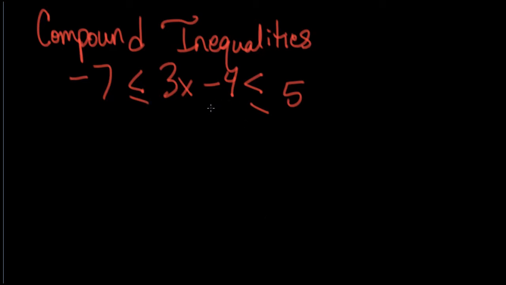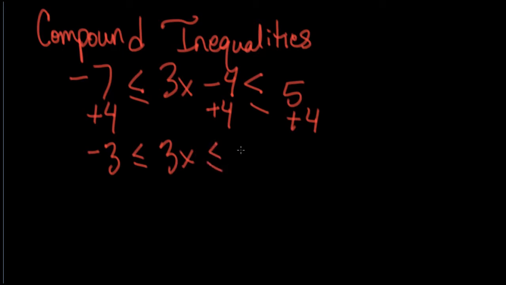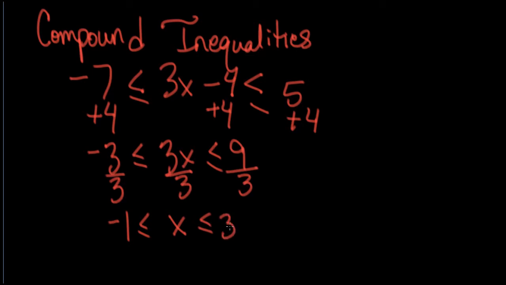We start in the center, and we're going to add 4 to all sides. When I add 4, I'm left with negative 7 plus 4, which is negative 3, is less than or equal to 3x is less than or equal to 9. I've got to get that x by itself, so I'm going to divide all sides by 3. When I divide by 3, I'm left with negative 1 is less than or equal to x is less than or equal to 3.